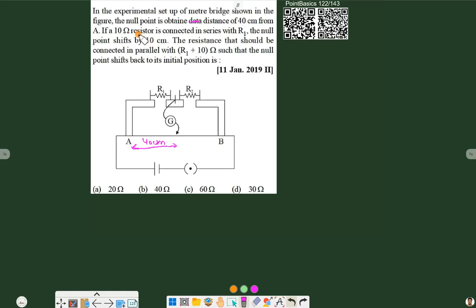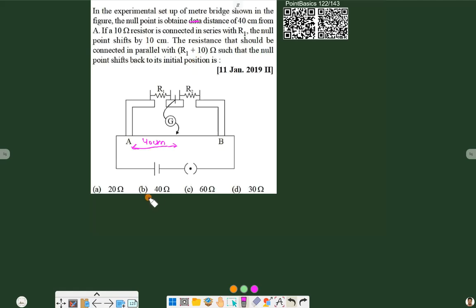If a 10 ohm resistance is connected with R1, the null point shifts by 10 centimeter. The resistance that should be connected in parallel with R1 plus 10 such that the null point shifts back to the initial position.